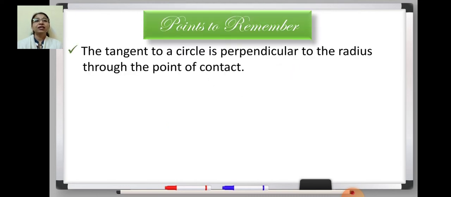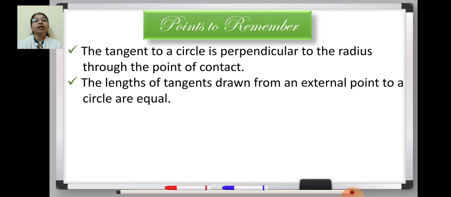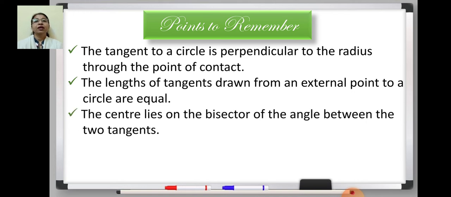Now we'll see the theorems which we have learned during this chapter. A tangent to a circle is perpendicular to the radius through the point of contact. The second theorem: the lengths of tangents drawn from an external point to a circle are equal. The center lies on the bisector of the angle between the two tangents.